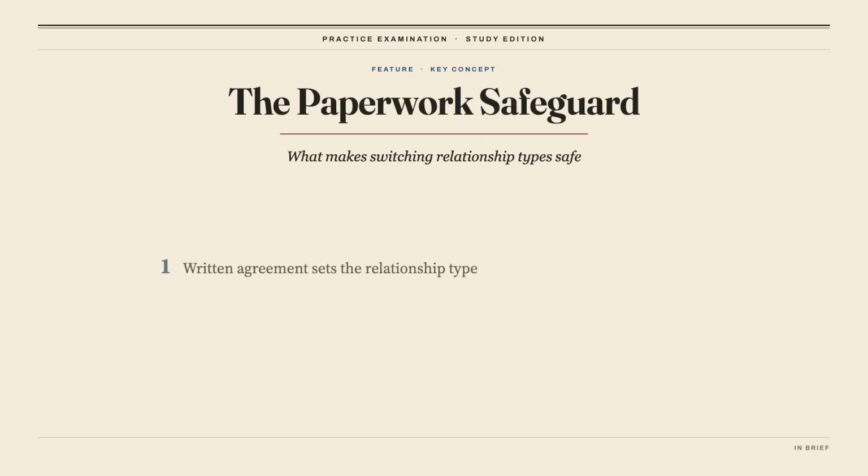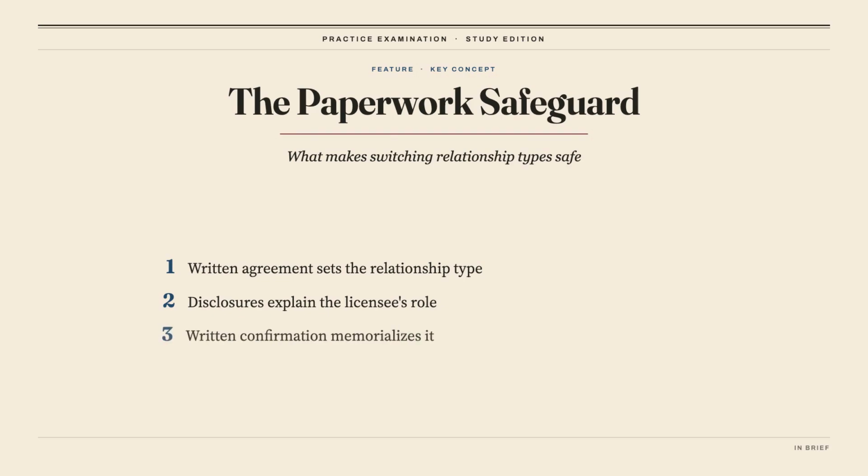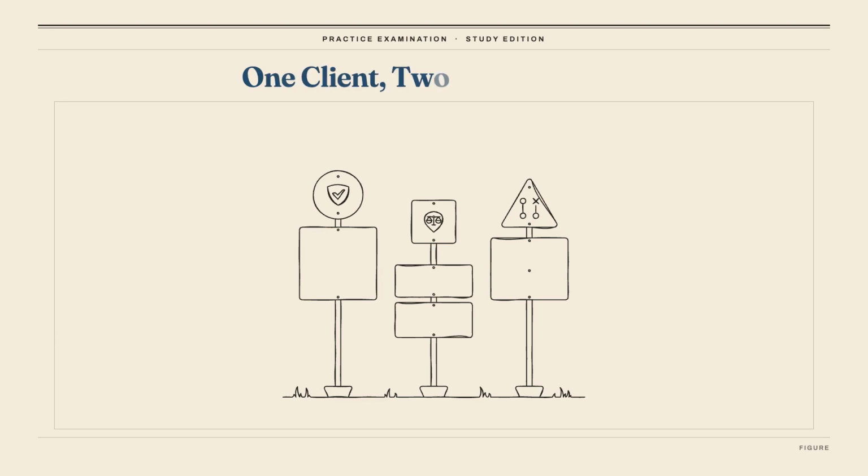This flexibility only works because each transaction carries its own paperwork, a written agreement establishing the relationship, required disclosures explaining what the licensee is and isn't doing, and written confirmation memorializing it all. Skipping that documentation is what actually creates confusion, not the change in relationship type itself.